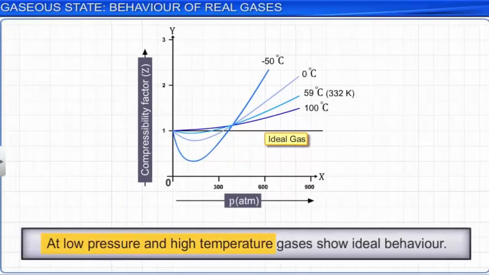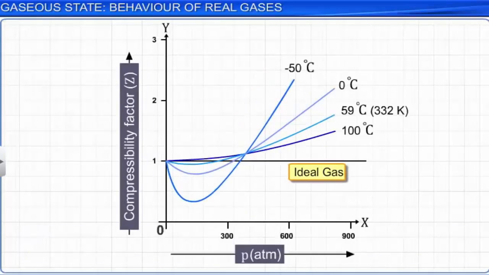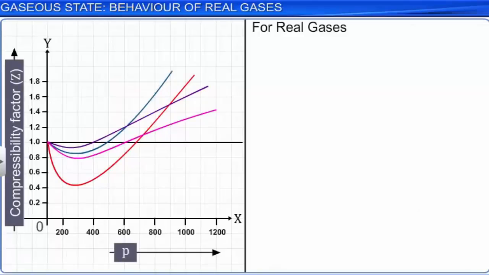Let us see another significance of the compressibility factor. We know that compressibility factor for a gas is calculated as Z is equal to P V real divided by nRT.